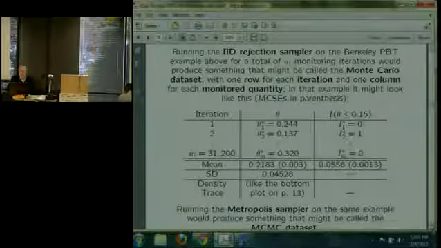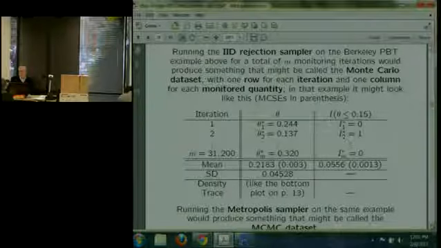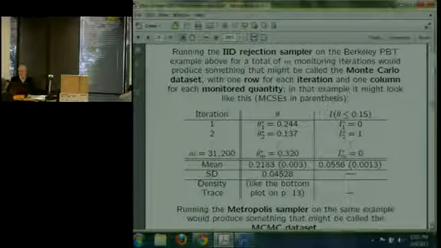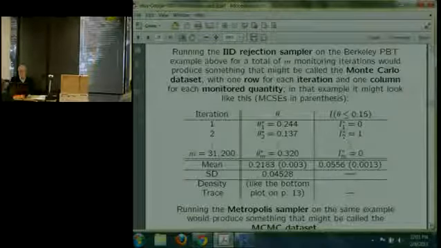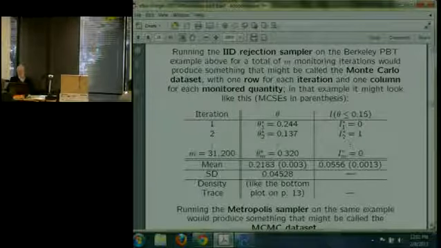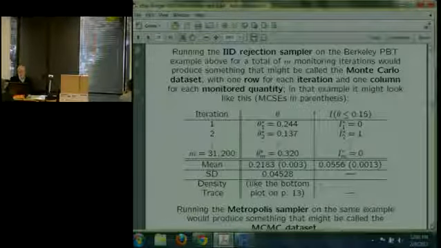The indicator function for whether that number was less than or equal to 0.15 is just a bunch of ones and zeros, and you can answer it deterministically by looking at the theta star in that row and seeing if it's less than or equal to 0.15 or not. So you get a bunch of ones and zeros over there. Now take the mean of the theta column and the mean of the indicator function column and work out the Monte Carlo standard errors.